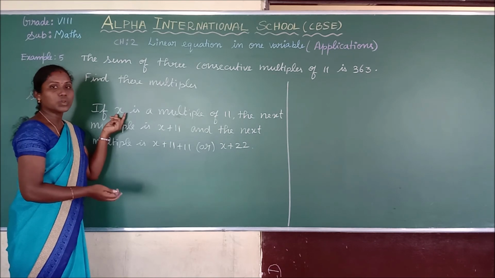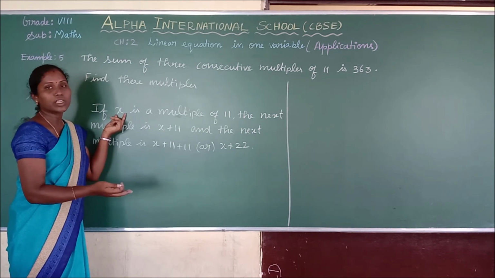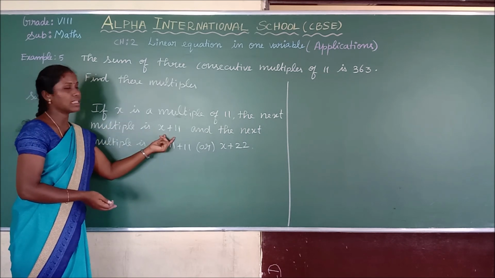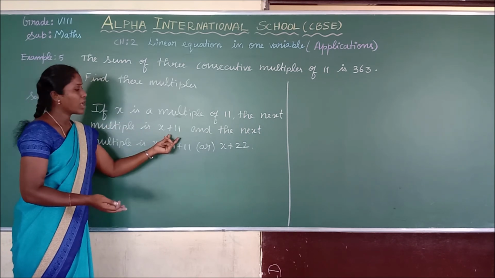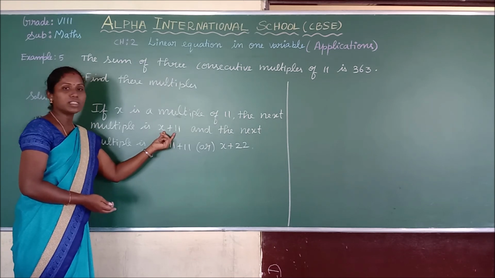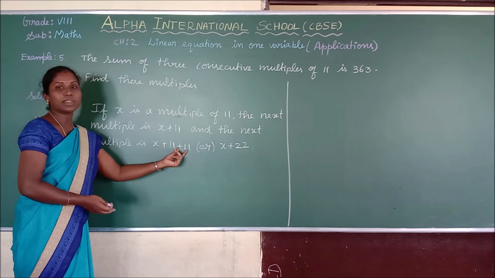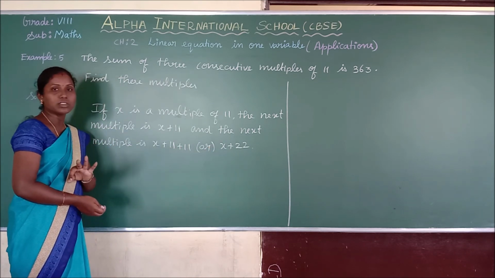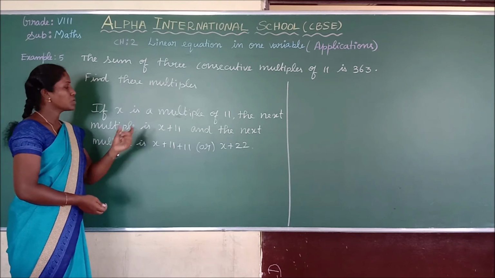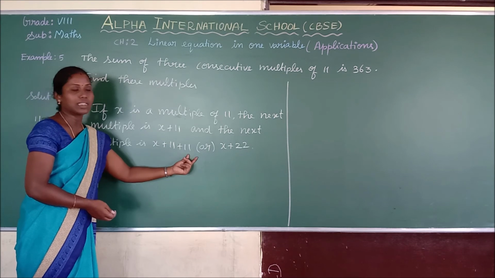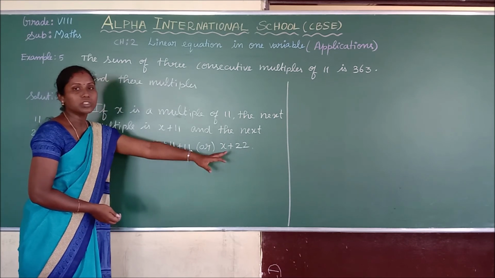Plus 11. So the first number plus 11 will give you the next multiple of 11. Yes, so x plus 11. For the next number we add 11 with the second number. If you are adding 11 with this number, x plus 11 plus 11, that is x plus 22. So here only 3 consecutive numbers we are going to take: x, x plus 11, or x plus 22.